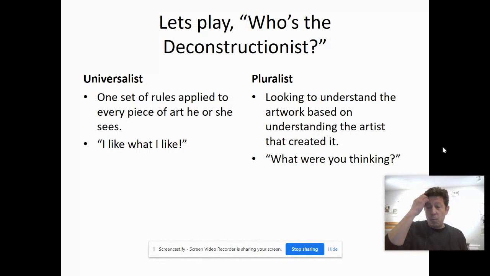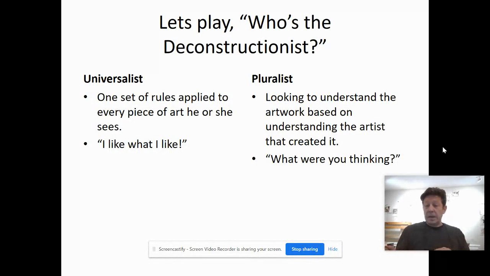So here's the game. Who's the deconstructionist? And I could talk about universalism and pluralism for a long time, but I won't. We'll just say that a universalist has one set of rules that they apply to judging or looking at all art for art purposes.